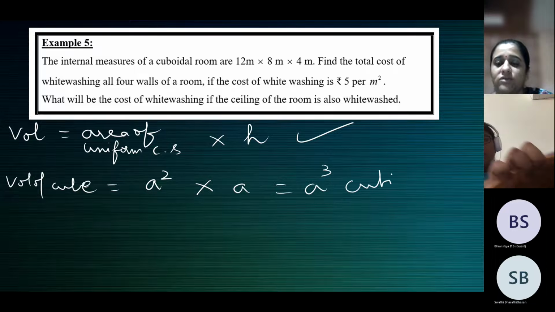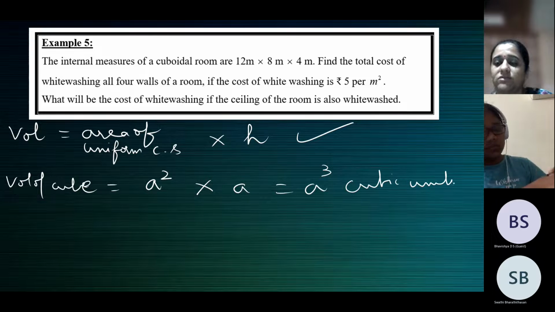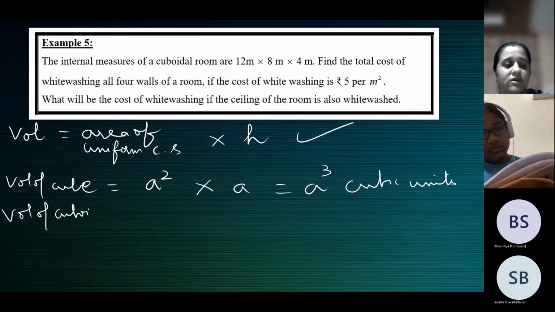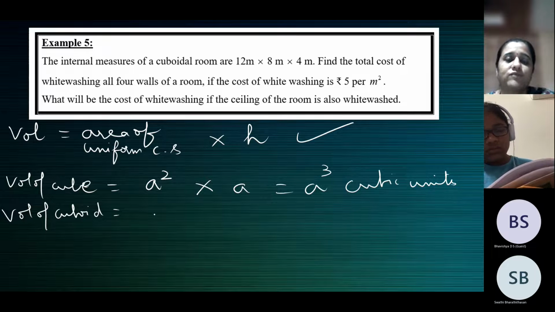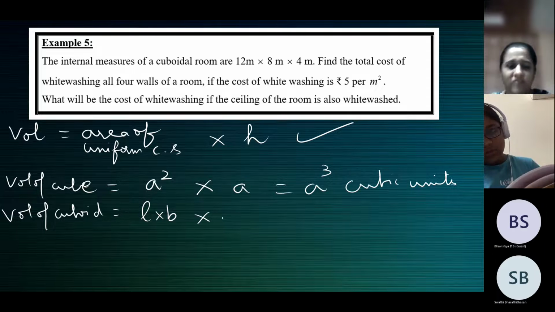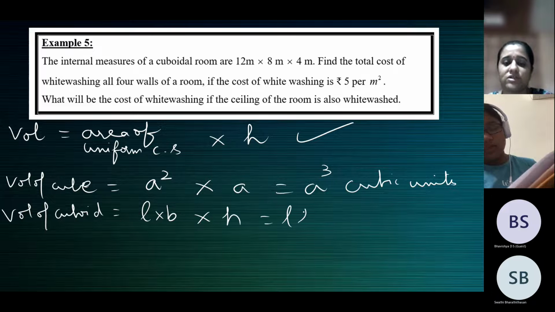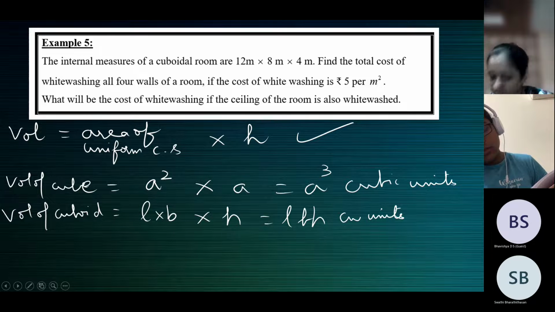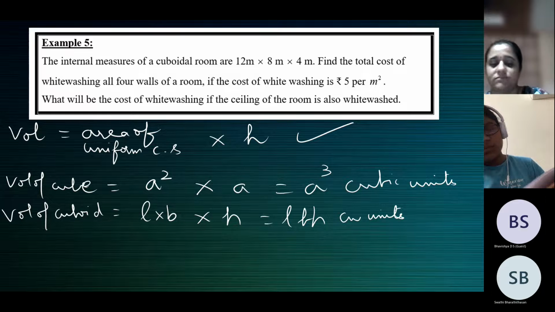Similarly, volume of a cuboid is equal to the area of the uniform cross section. The cross section of a cuboid is a rectangle, area L into B, into the height of the cuboid H. So LBH cubic units. You can write this again, just as practice.